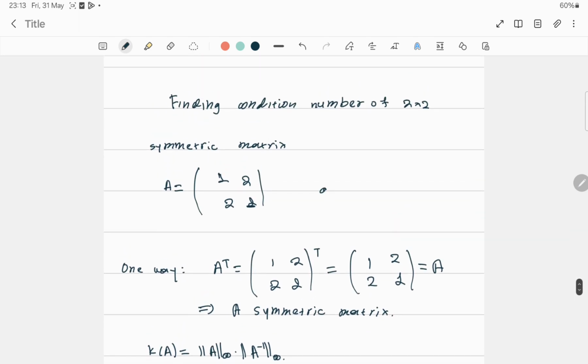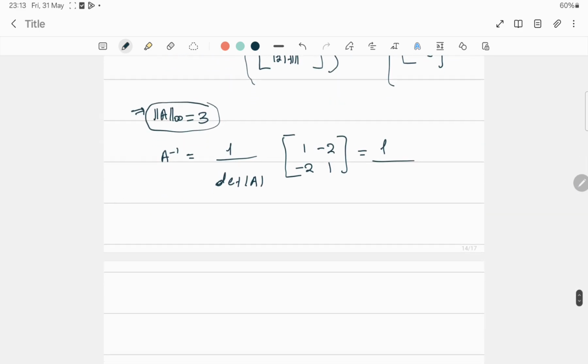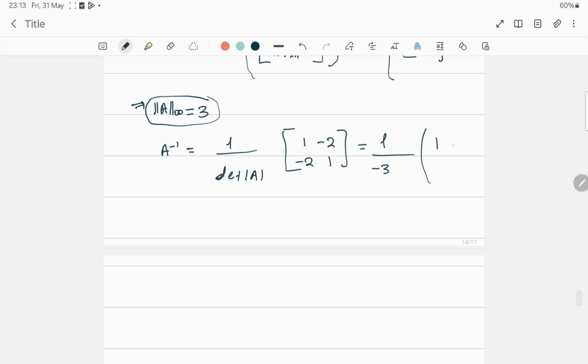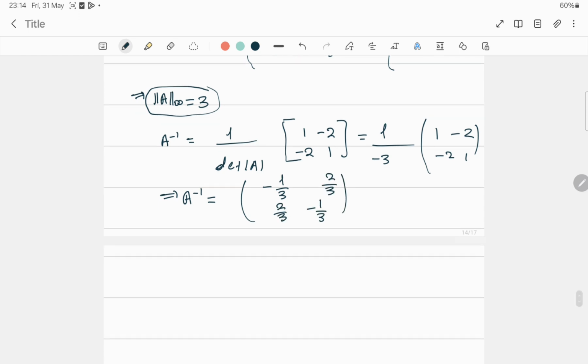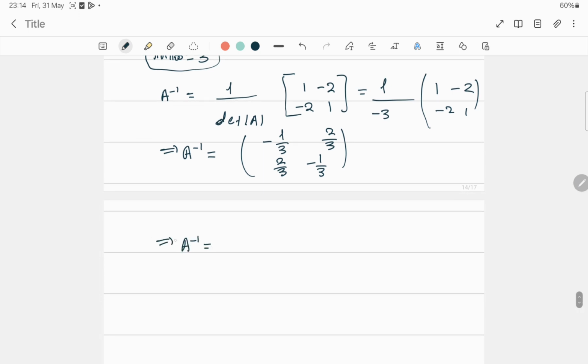The determinant of A is 1 minus 4 equals minus 3. So the inverse matrix should be the following. This is a scalar multiplication, so we can put this inside the matrix. As a consequence, the inverse of a matrix A is this one.